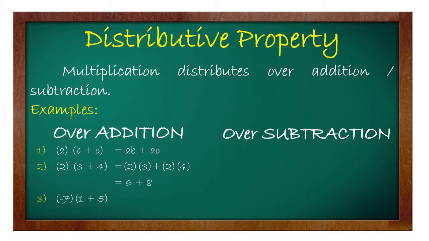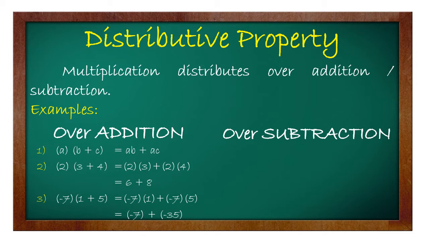So, distribute lang natin siya, si negative 7 kay 1 at saka kay 5. So, that will become negative 7 times 1 plus negative 7 times 5. Negative 7 times 1 is negative 7. Negative 7 times 5 is negative 35. So, that's negative 7 plus negative 35 is equal to negative 42.